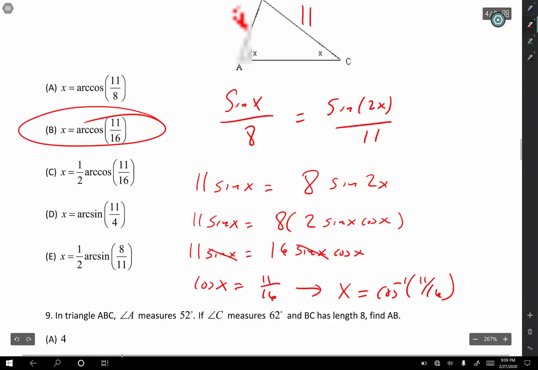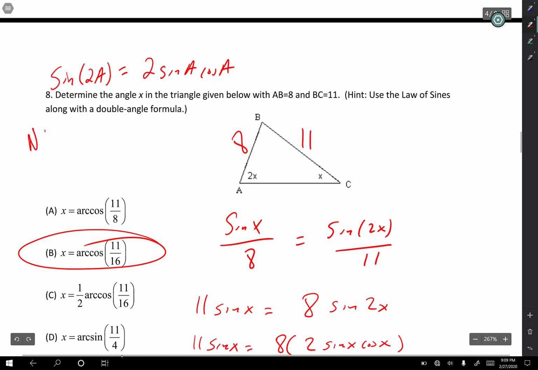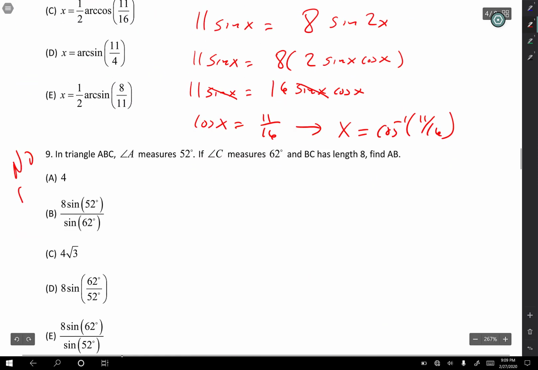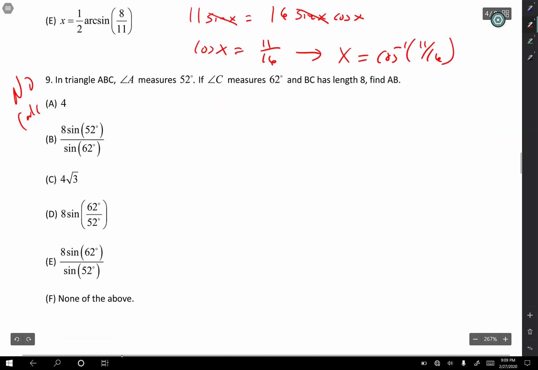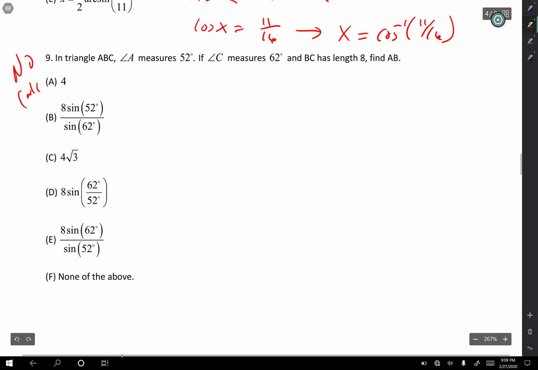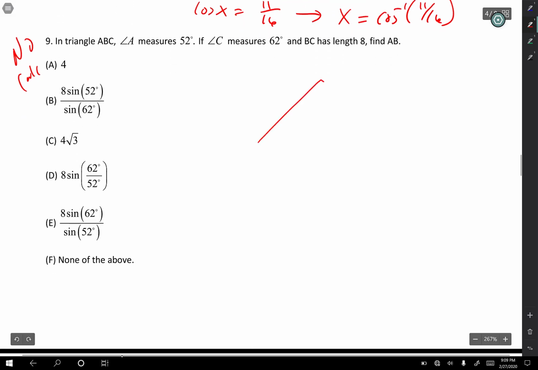This is another one where we didn't even use a calculator. No calculator required. Triangle ABC, angle A is 52 degrees, angle C is 62 degrees, and BC has length 8. Let's draw that triangle: A, B, C. Angle A is 52 degrees, angle C is 62 degrees, and AB is X. That's what they want.